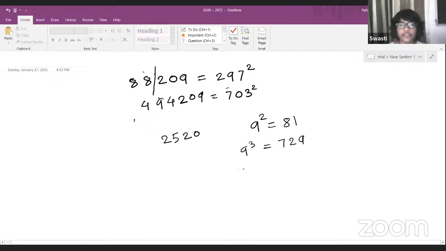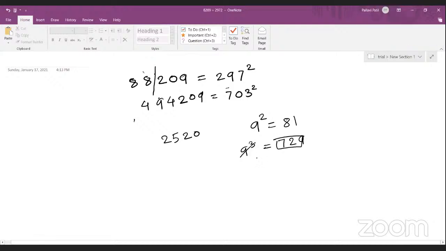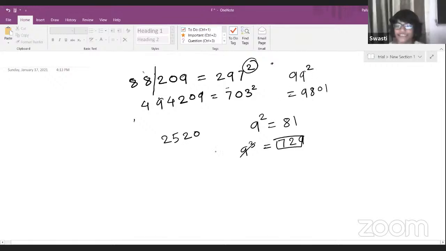Is 729 a square? No, it's not, right? It's a cube. I'm saying 99 square, 999 square, 99999 square, like that. Okay, nice. That's a very nice observation.